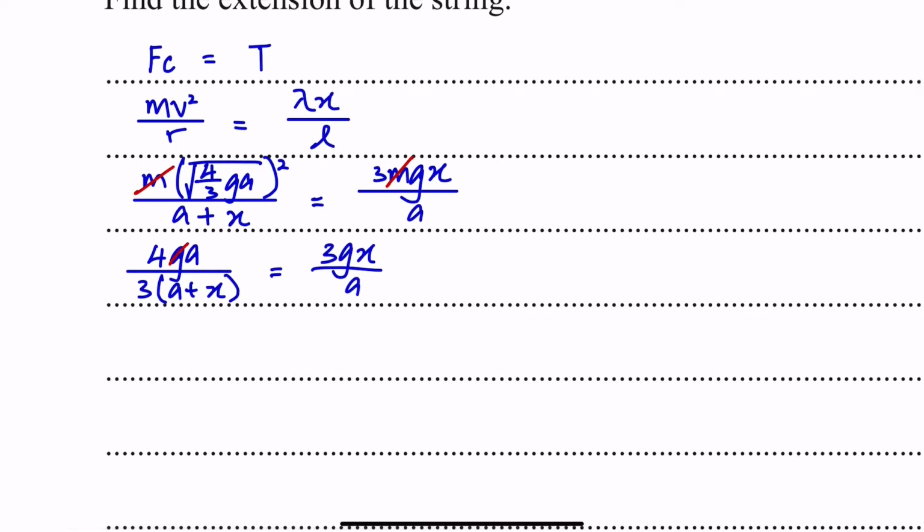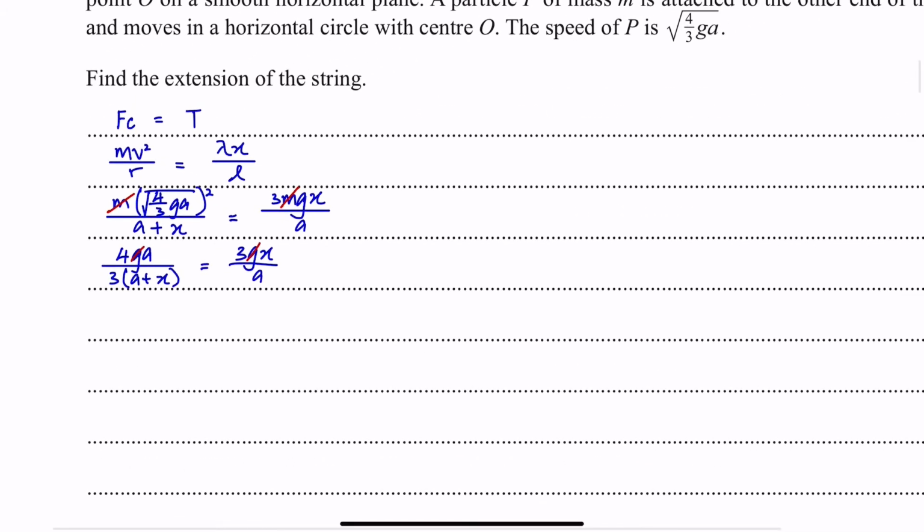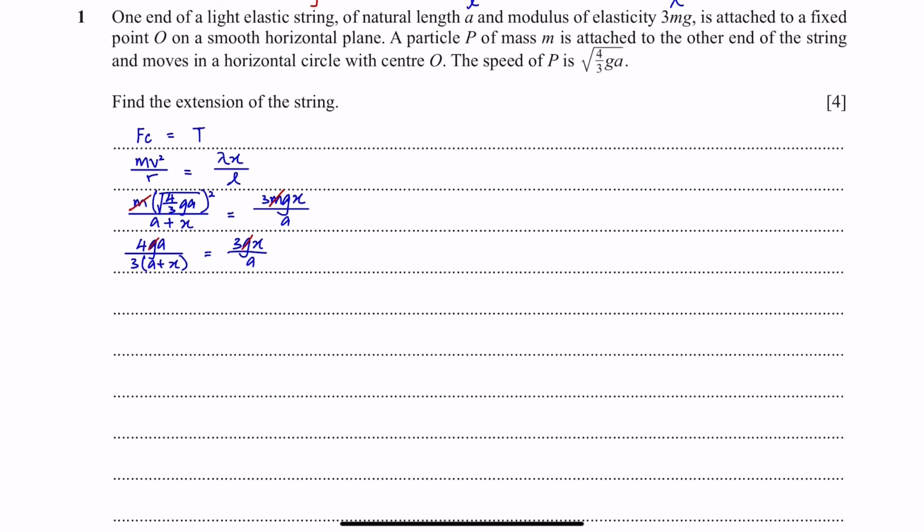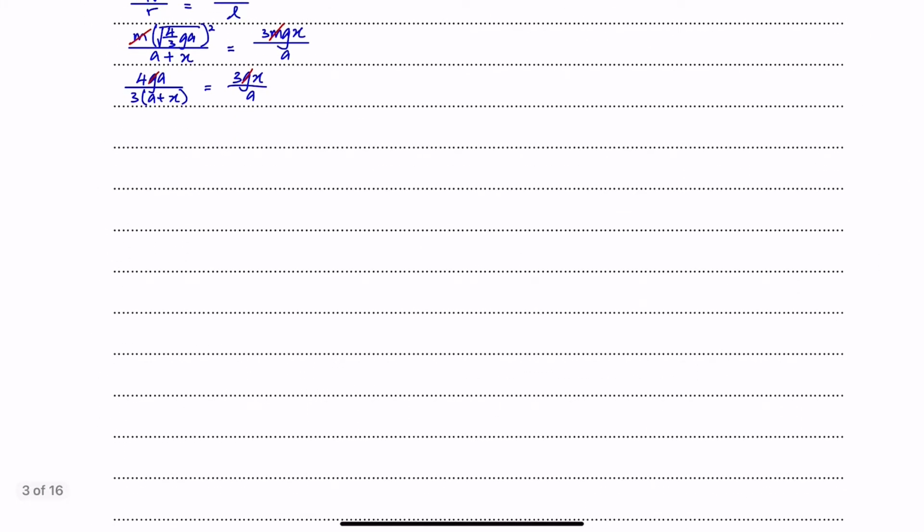And we can cancel the g off. So now we have 4a times a equals 3x times 3 times a plus x.